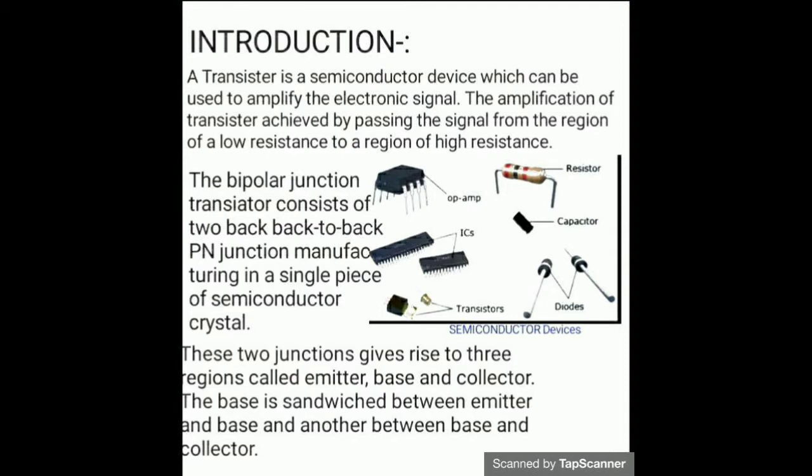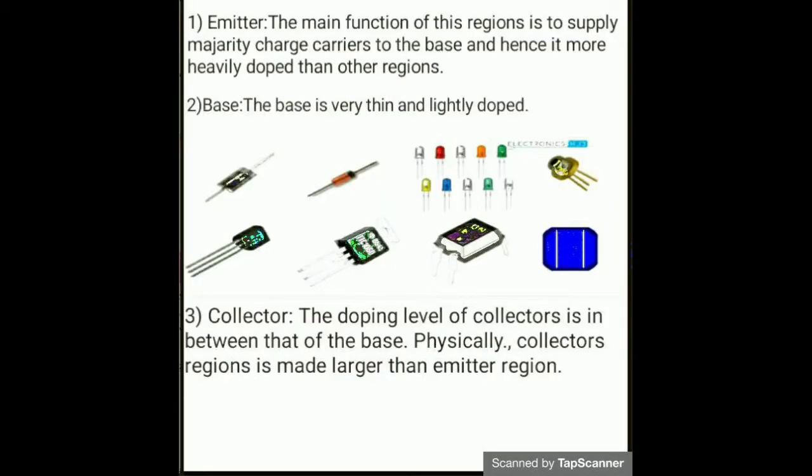These two junctions give rise to three regions called emitter, base, and collector. The base is sandwiched between emitter and base, and another between base and collector. First, emitter. The main function of this region is to supply majority charge carriers to the base, and hence it is more heavily doped than other regions.